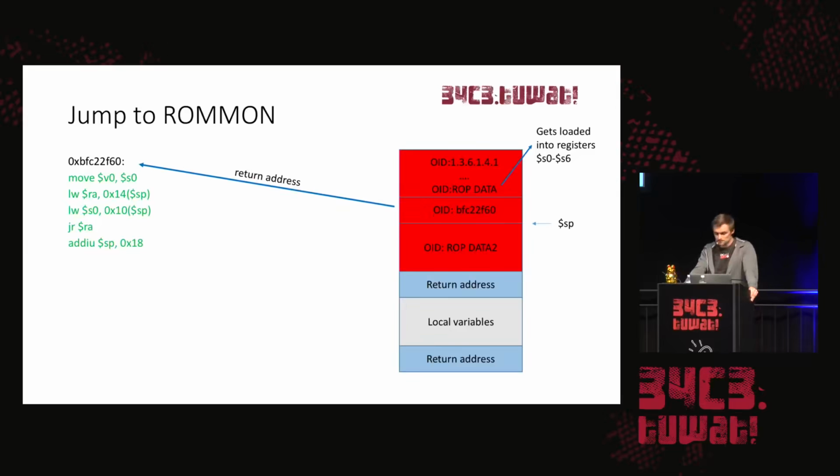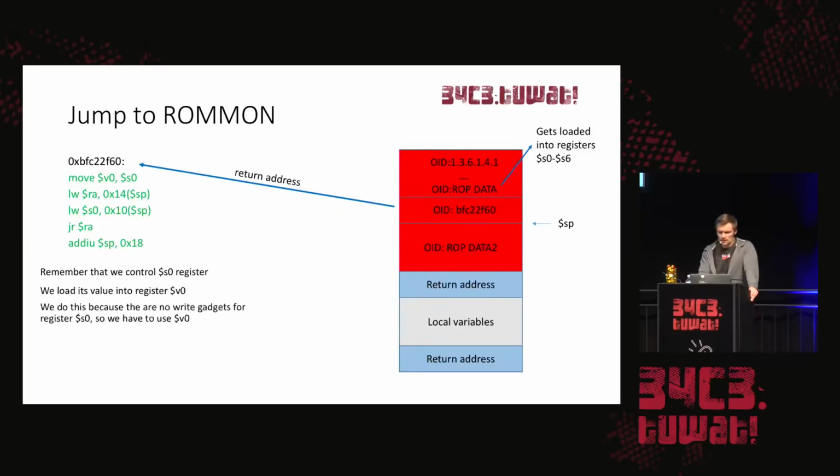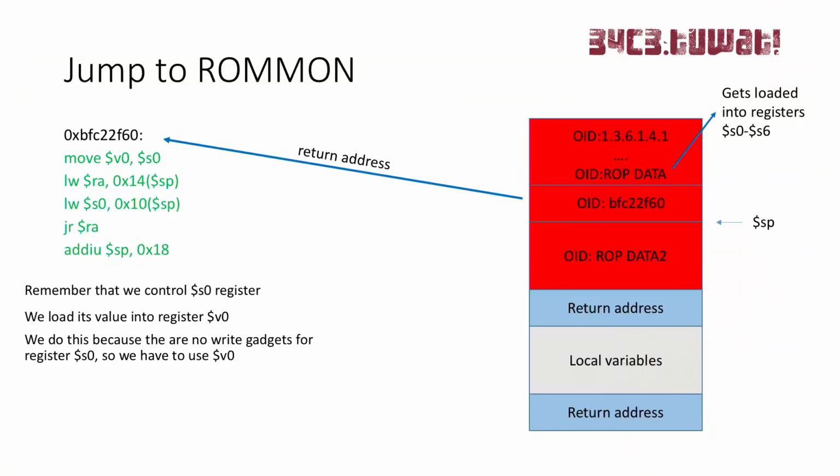and we use that data also for our ROP chain. What we do here, we take the value of S0, we control the value of S0, as you remember, and we move it to register V0, and that's solely for one purpose, because there are no other gadgets in ROM monitor that use S0 as a target register to write data, so we have to use register V0.